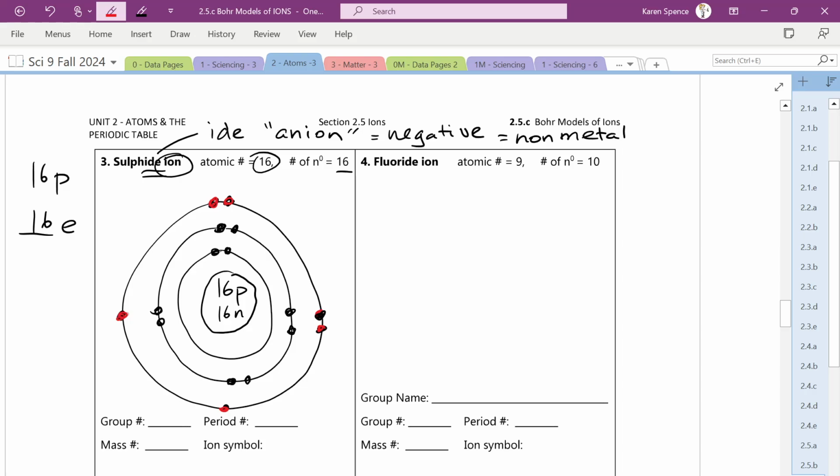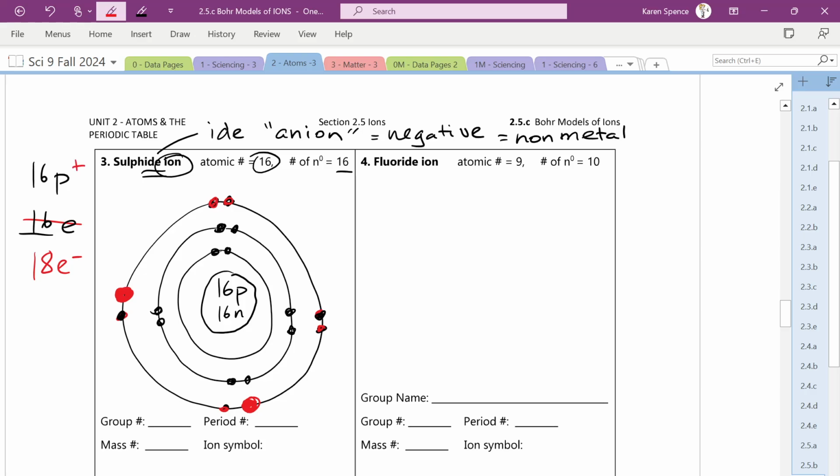We want to have 8. Are we going to get rid of those 6 or we're going to add 2? We're going to add 2. So we're going to put in an extra electron in this blank space over on the left, and we're going to put another extra electron here. So now instead of 16 electrons, we now have 18 electrons.